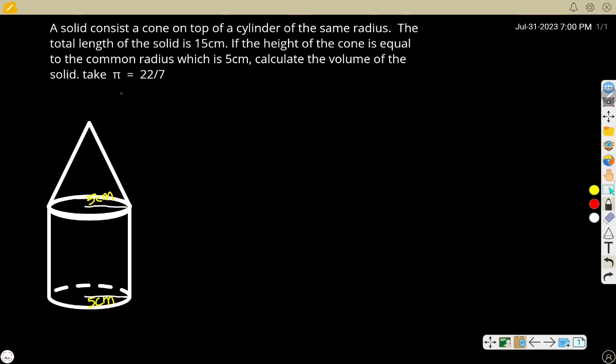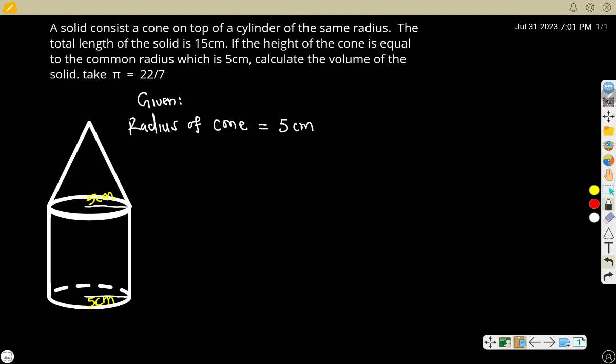Now radius given, radius of cone is equal to 5 centimeter, as mentioned, because the question says the height of the cone is equal to the common radius, which is 5 centimeter.